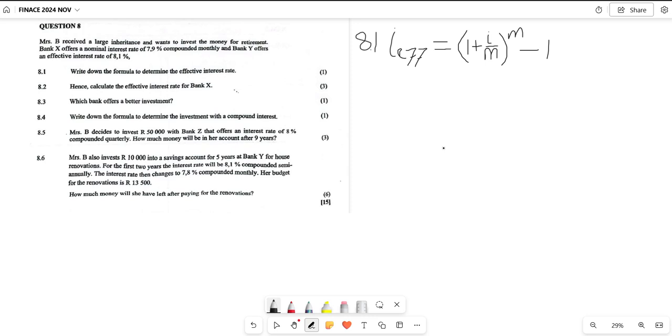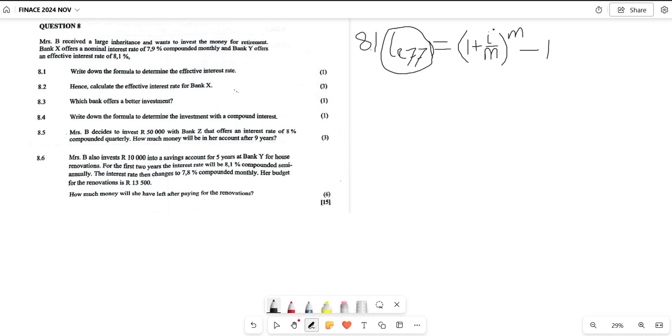Remember, under technical maths and mathematics, we have 2 types of interest rate that we may be required to convert. It is the I effective, which is the effective interest rate, and the nominal interest rate. When you are given the effective interest rate, you substitute where you see I effective.